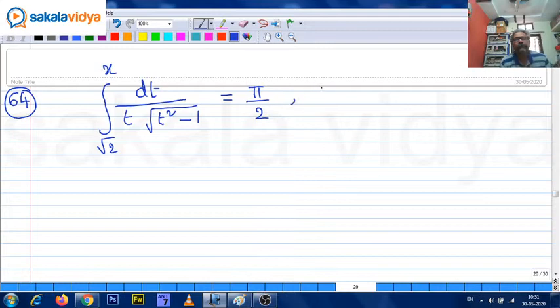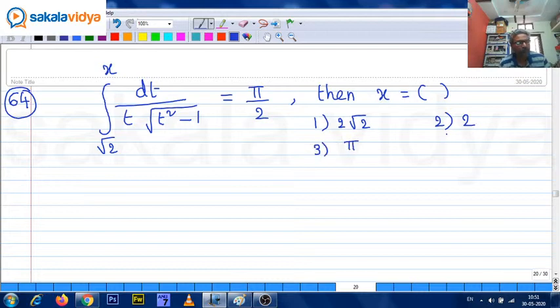Then x equals, that means the solution of this equation. First option 2 root 2, second option 2, third option pi, fourth option minus root 2.